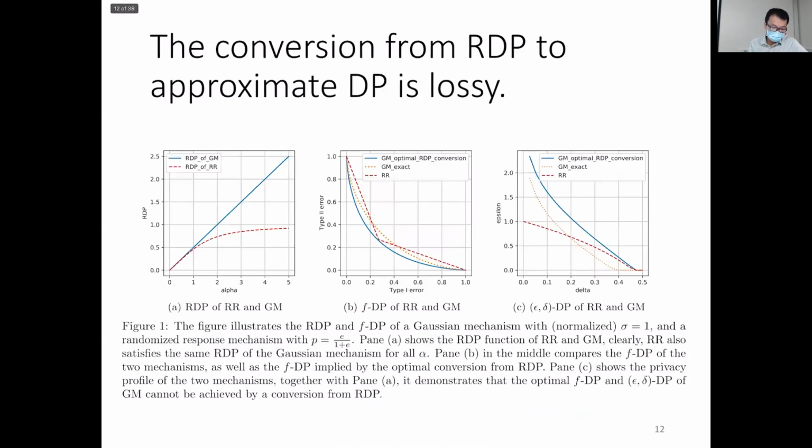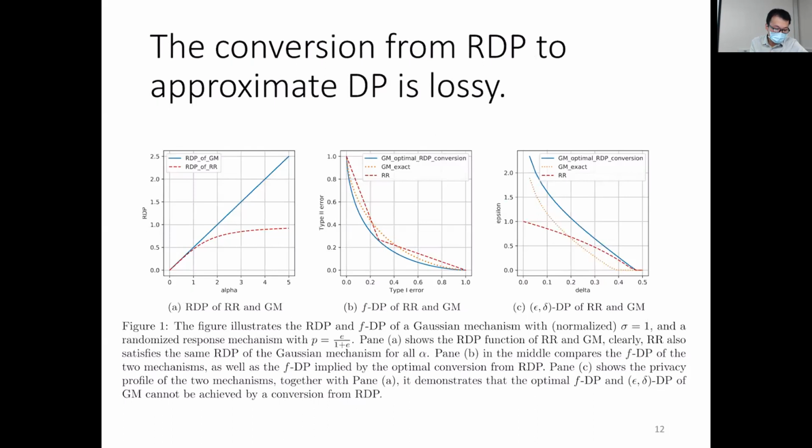Like I said, the conversion from Renyi DP to epsilon-delta DP is not really tight, and I wanted to use these three figures to explicitly illustrate what's really going on. It has a lot to do with how Renyi DP is defined and how it affects the individual mechanisms in different ways.